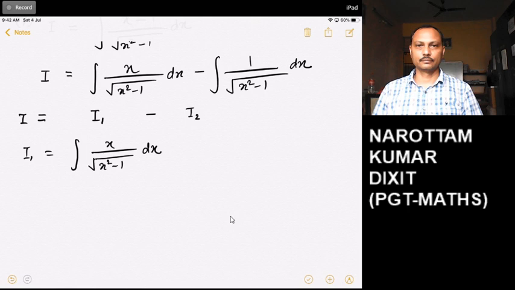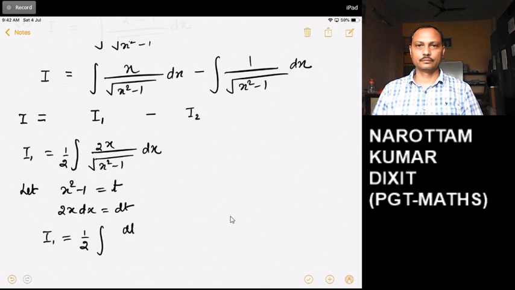So for that, let us multiply by 2 and divide by 2. Then x square minus 1 is equals to t, so 2x dx equals to dt. Then I1 will turn into 1 by 2, integration of dt upon under root t.